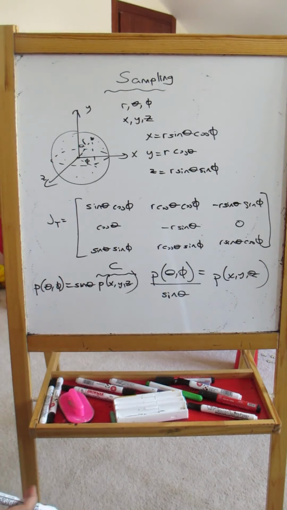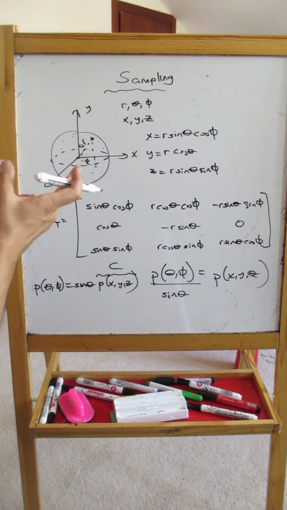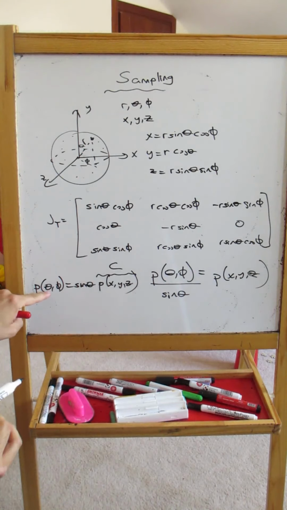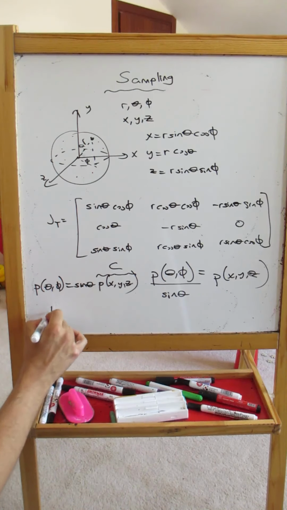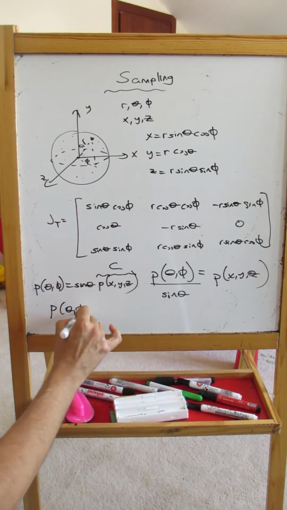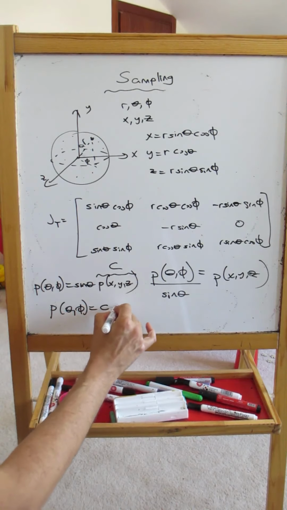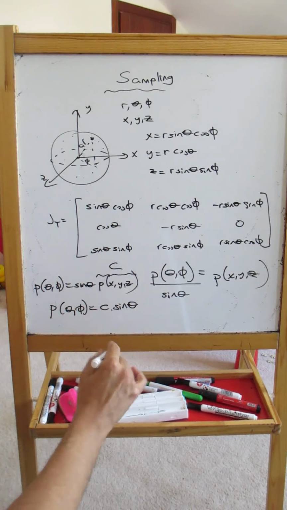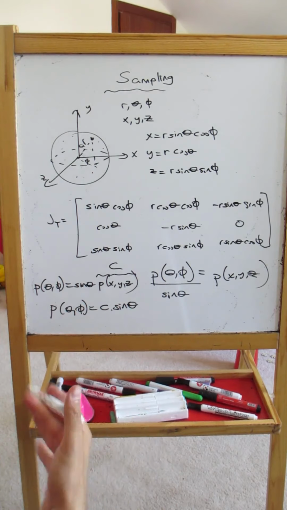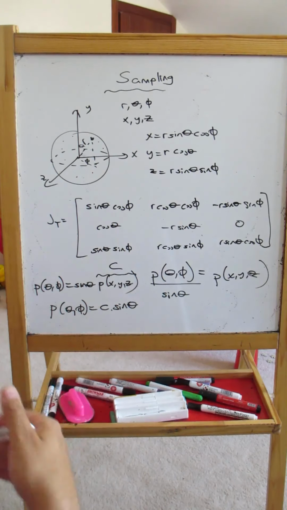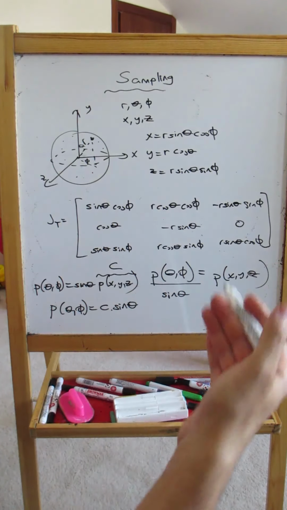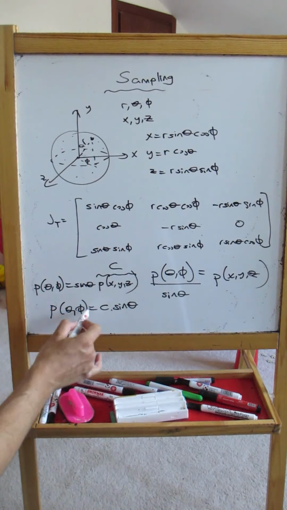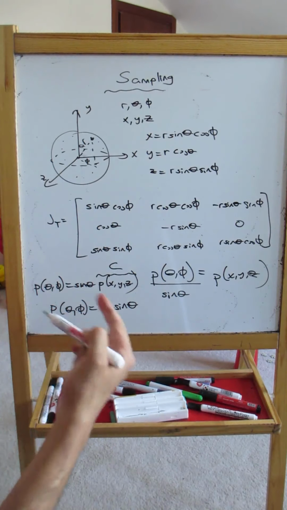So if I want to sample points uniformly, I must select my theta and phi such that the probability of theta and phi is c times sin theta. C means constant. Now we will look at how to find C from the normalization requirement. Basically, the integration of this PDF must add up to 1.